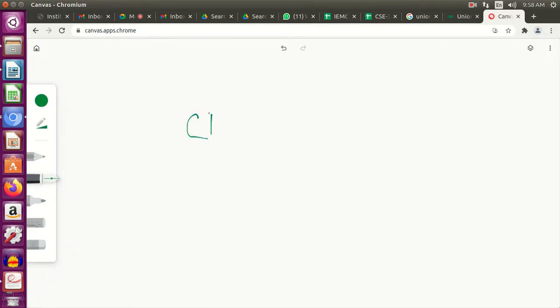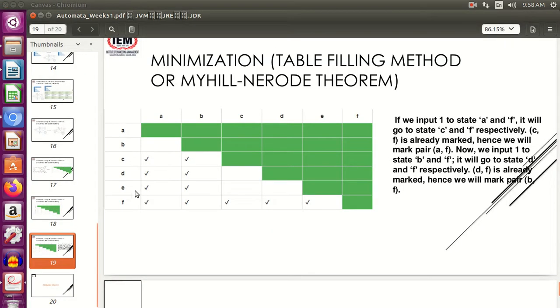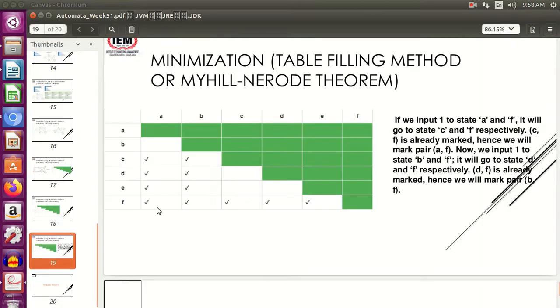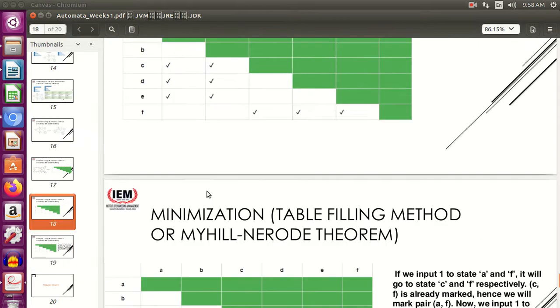So we have CE, we have CD. I'm just writing down the states, okay? And what else was there? We had CD, CE and DE, and all the other states would remain the same.